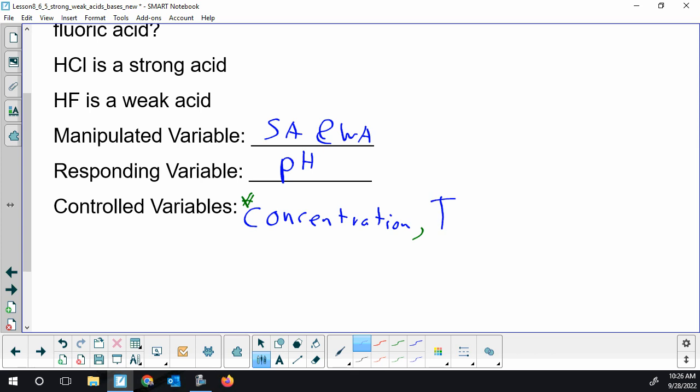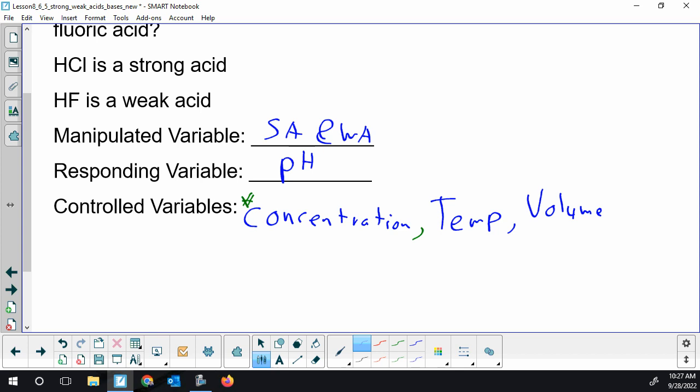Second is you would want the temperature to be controlled. Again, a little variation isn't going to make a big deal. All our data tables that we use in Chem 20 and 30 are pretty much all at SATP, standard ambient temperature and pressure. But we don't get hung up with a few degrees off. Last was that volume.